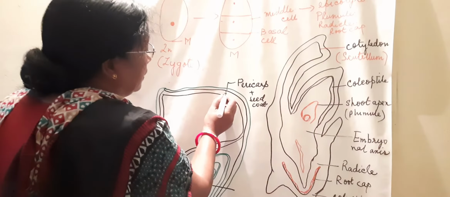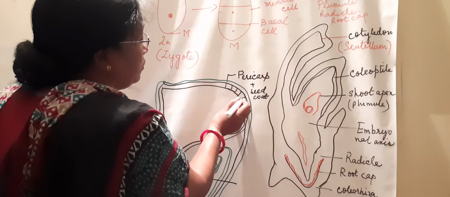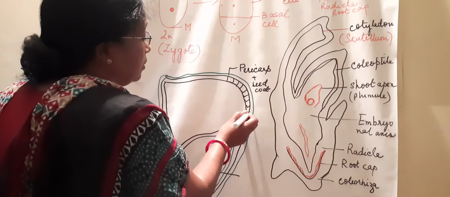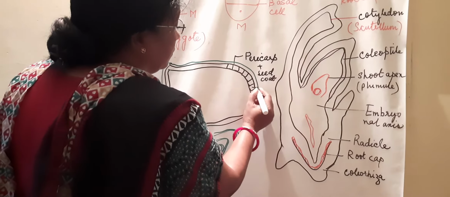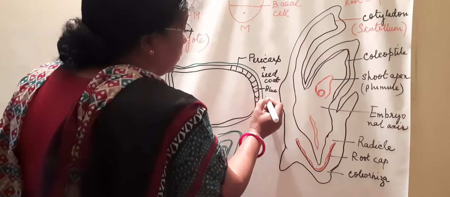The next layer is a layer of protein sheath. This is a proteinaceous layer, so we call it aleurone.